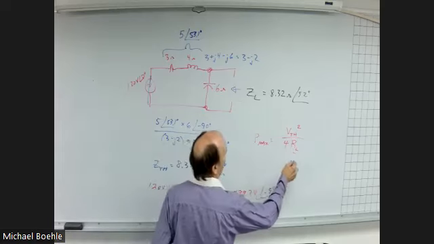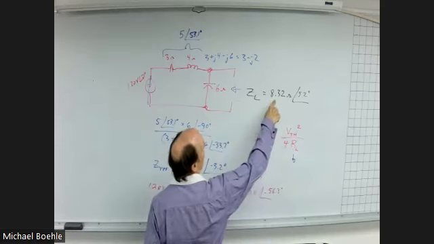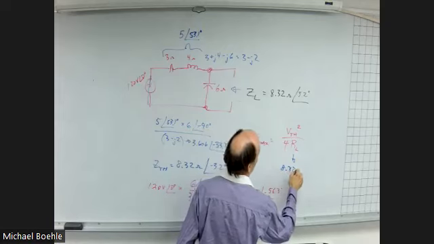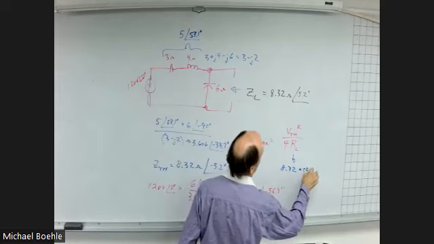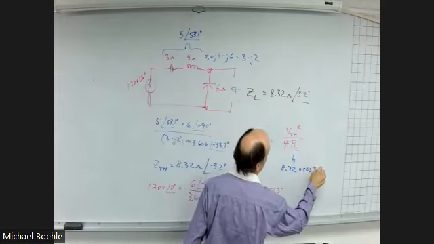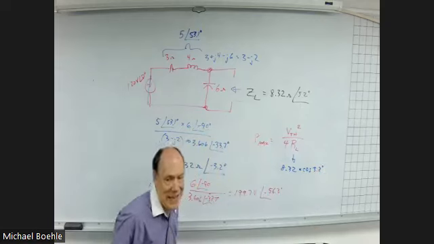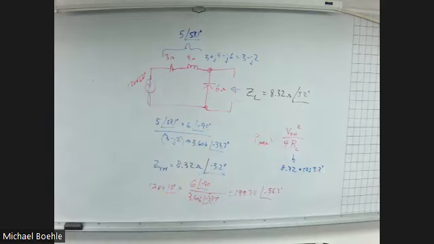So what is RL? Well, that will be the real part of 8.32 times the cosine of 3.2 degrees. Now that's going to be like 0.99 something. It's really, really close. All right.